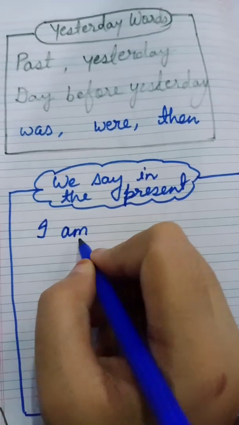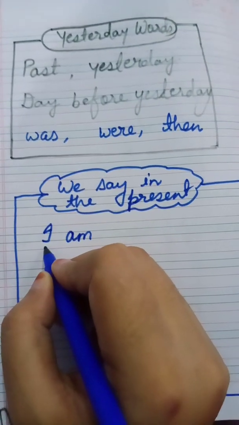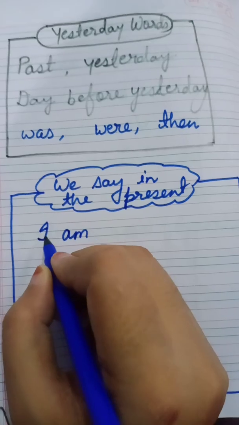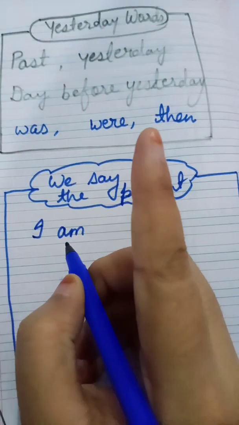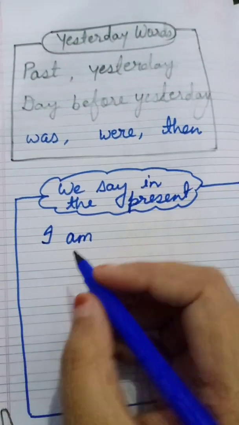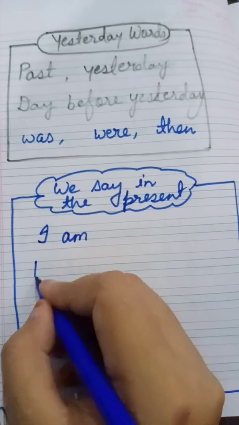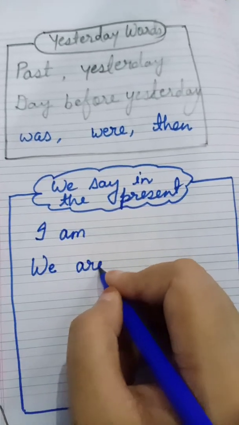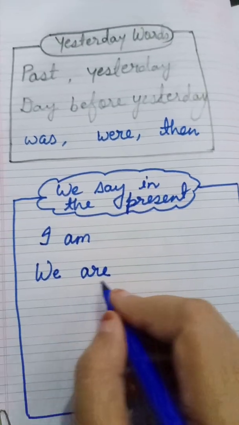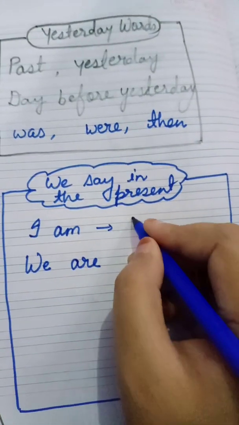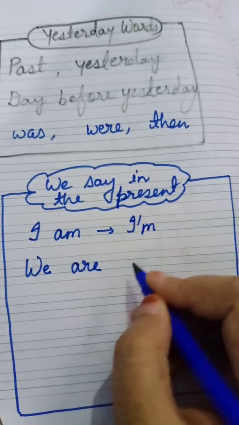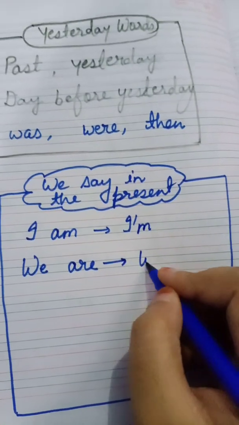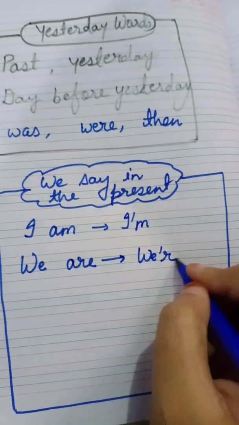Am always comes with I. And if we are using we, then we always use are. We are. In short form we can write I am, we are.